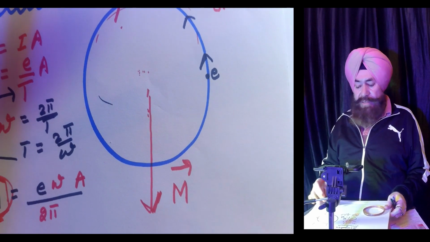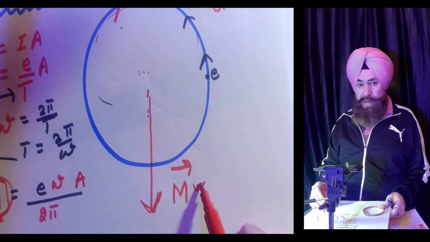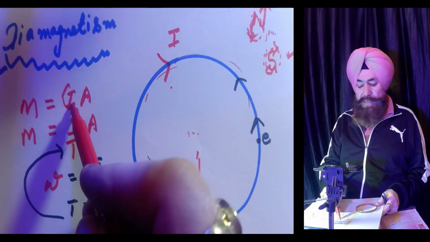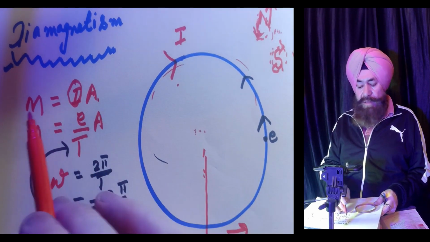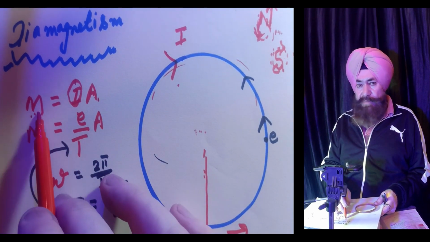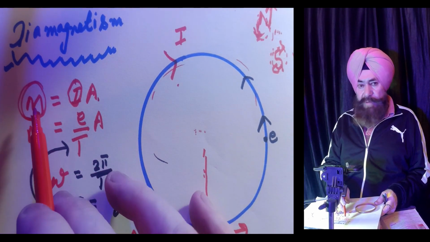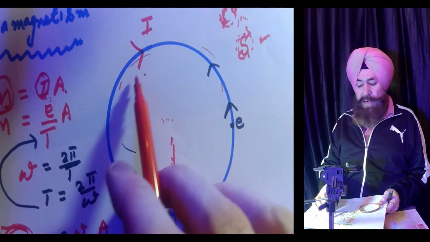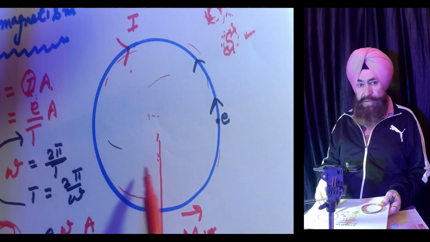Current decides the direction of the magnetic moment. Of course, current is not a vector quantity, but when current is multiplied by the area, it becomes the magnetic moment, a vector, and the direction is decided by the direction of the current in that area of cross section.